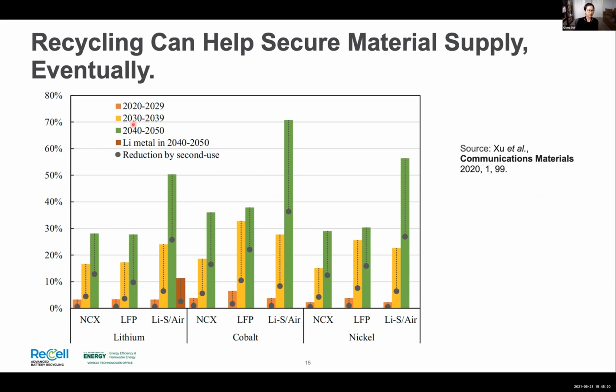However, if we look at the next 2 decades or so, as the volume of spent batteries continues to increase and as the production of new batteries starts to level off, we are hopeful that a significant portion of the new material demand for battery production will be met by recycled materials.